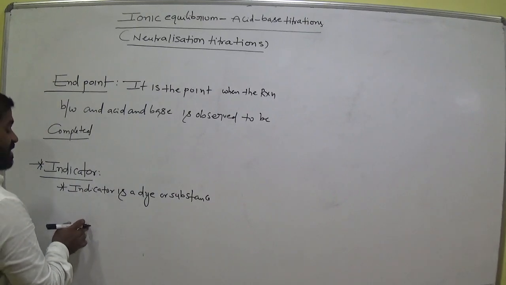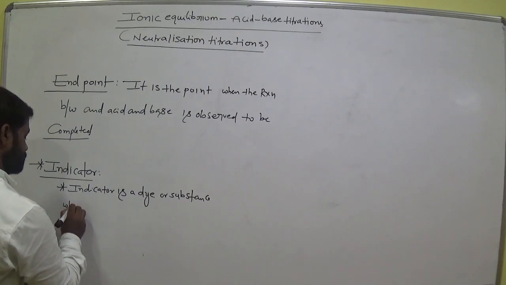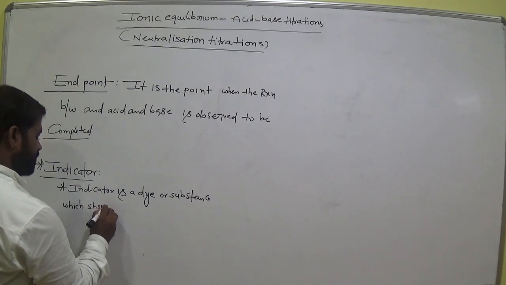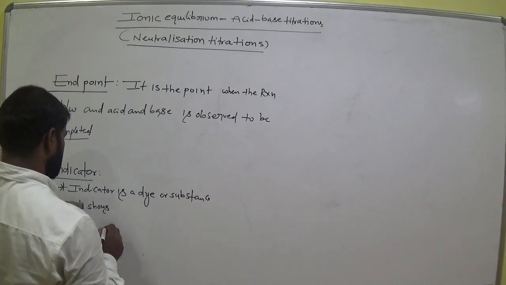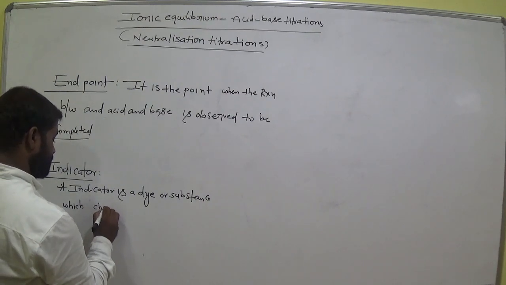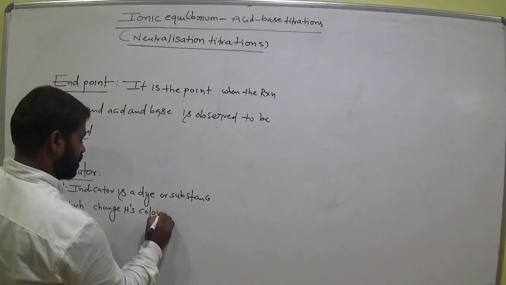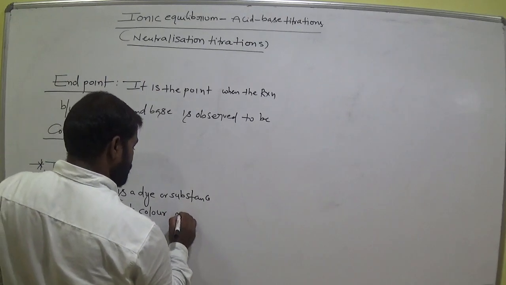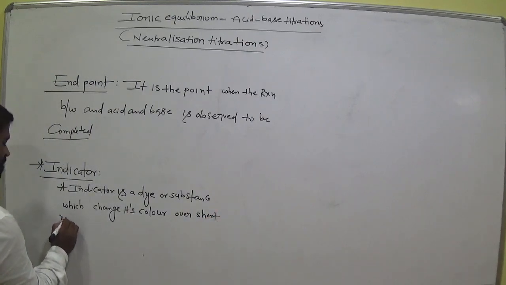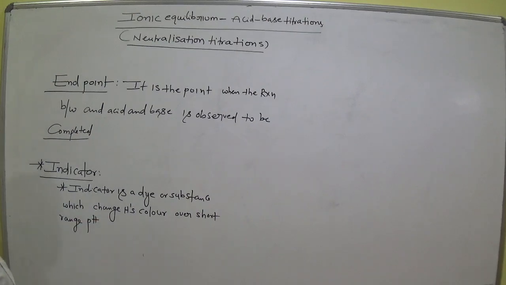An indicator is a dye or a substance which changes its color over a short range of pH.